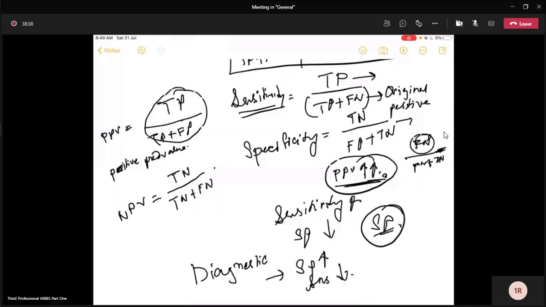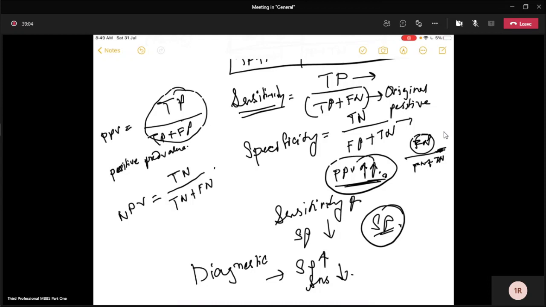Why are we interested in true negativity in a diagnostic test? Because we want to be sure that if the result is negative, then this person does not have the disease. Why? Because the true negative is very high. So if it is negative, we can be sure that that person is not having the disease.